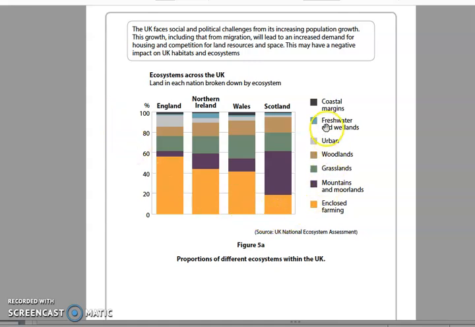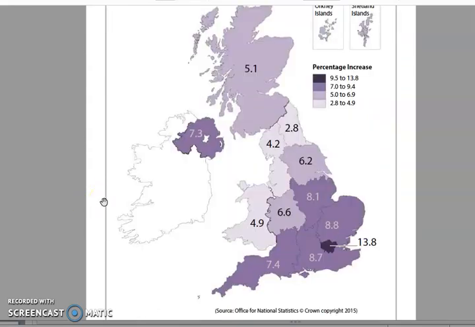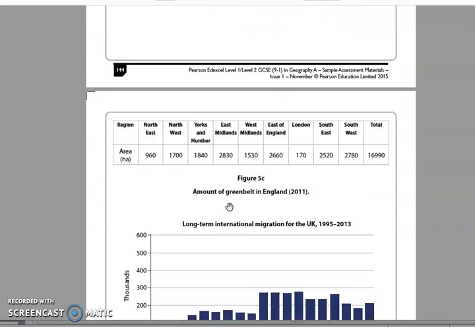So figure 5a, you could pause it and then just work out what would be the key features of this figure. Then as we look down, we can see we've got the information on the population growth, and we can see that it's varied. Greatest in the southwest and Northern Ireland, but less so in Northern England and Wales. Then we can look at the amount of greenbelt land. Now greenbelt are those protected areas, areas that can't be developed massively.